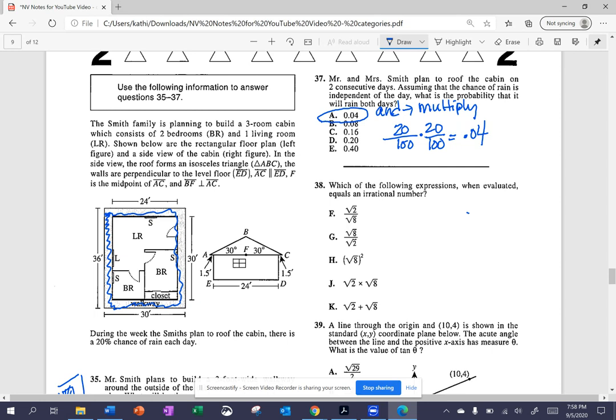Number 38. Which of the following expressions, when evaluated, equals an irrational number? So irrational means does not terminate or repeat.